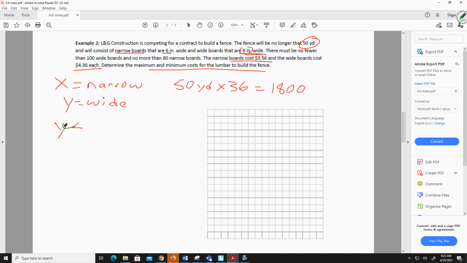So my wide boards, no fewer, have to be greater than or equal to 100. There must be no more than 80 narrow boards, so X has to be less than or equal to 80.